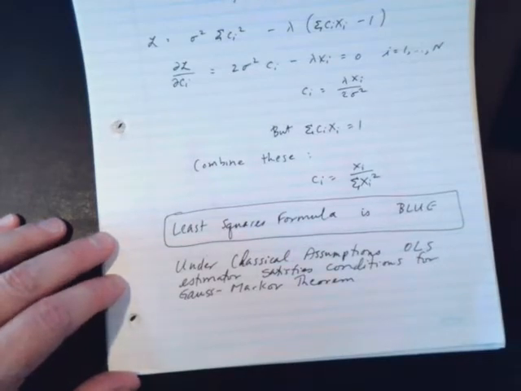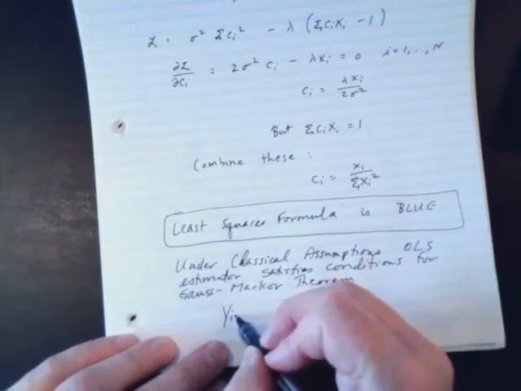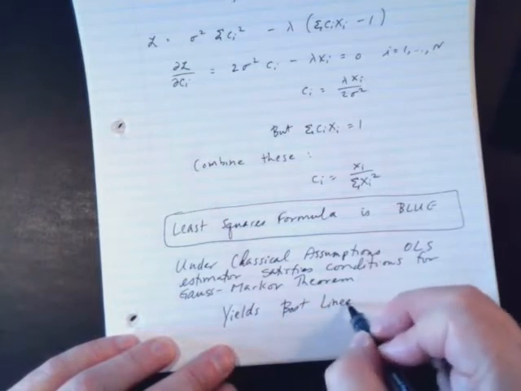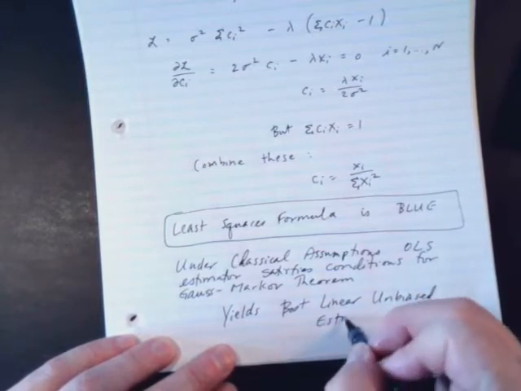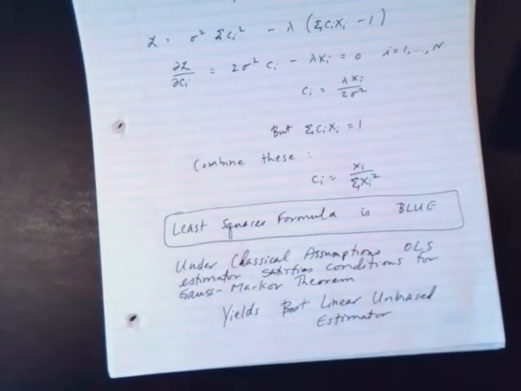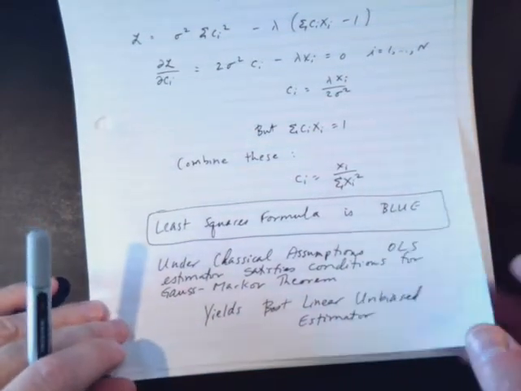By satisfying the conditions for the Gauss-Markov theorem, that means it yields the best linear unbiased estimator. There's no other slope estimator that will give us a lower variance. So that is the fourth property of the least squares estimator, and then we just have one more property to discuss.